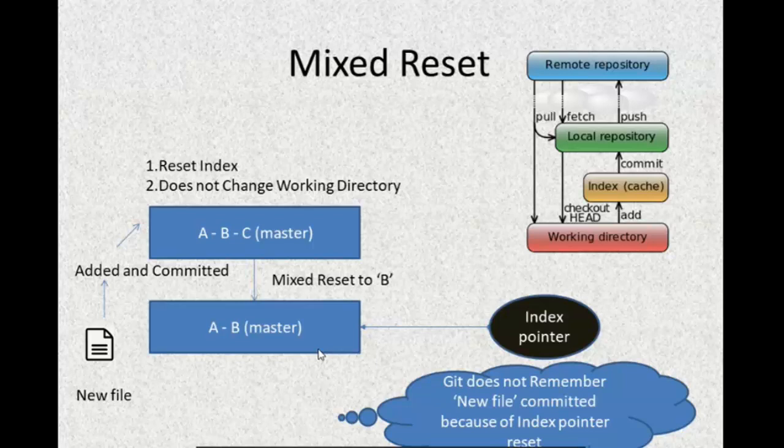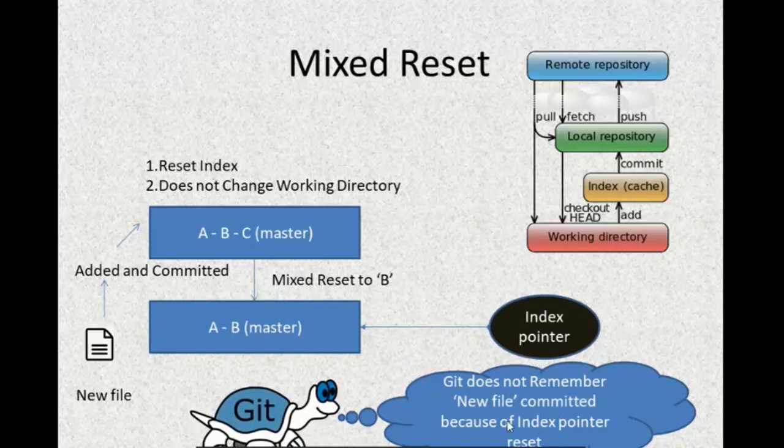So what will be the problem here? The problem here will be that TortoiseGit does not remember the newly committed file because of the index reset. So Git doesn't recognize the newly added file because your index pointer is at this location. So you have to add the new file again in this case.